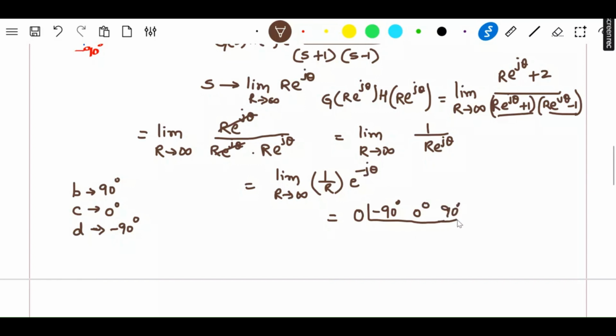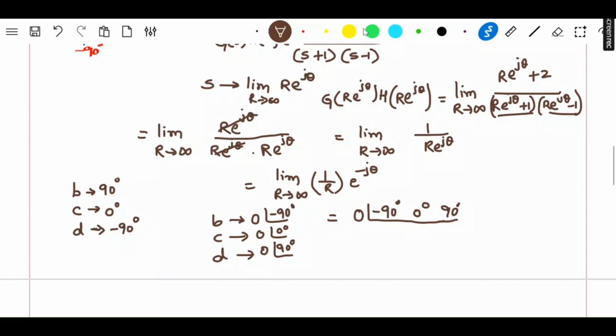So this is the angle. So what this says is, at B, the magnitude is 0, angle is minus 90. At C, angle is 0 and also magnitude is 0. Whereas at D, angle is 90 degrees, whereas magnitude is 0 at an angle 90.